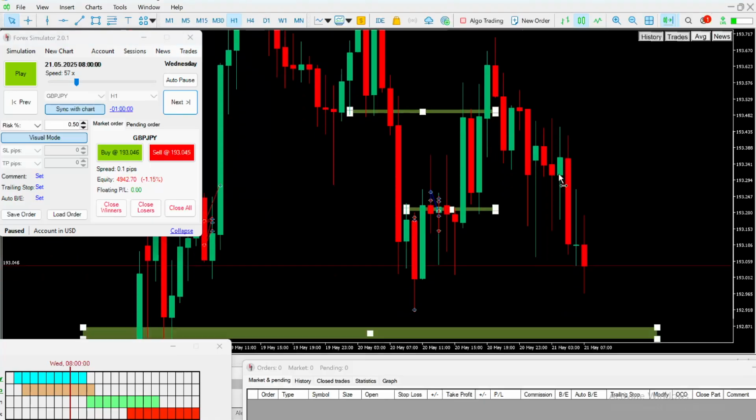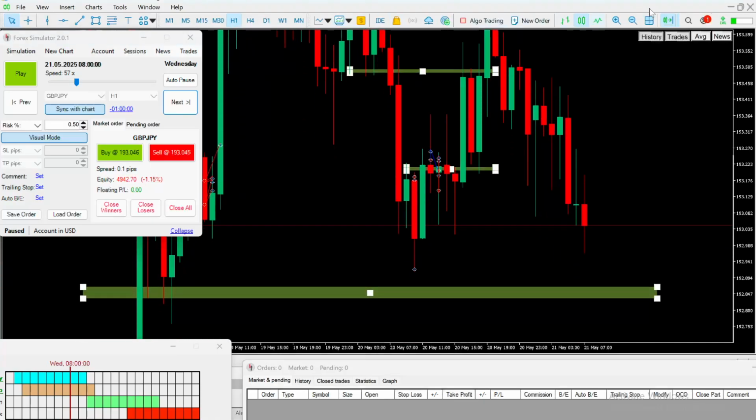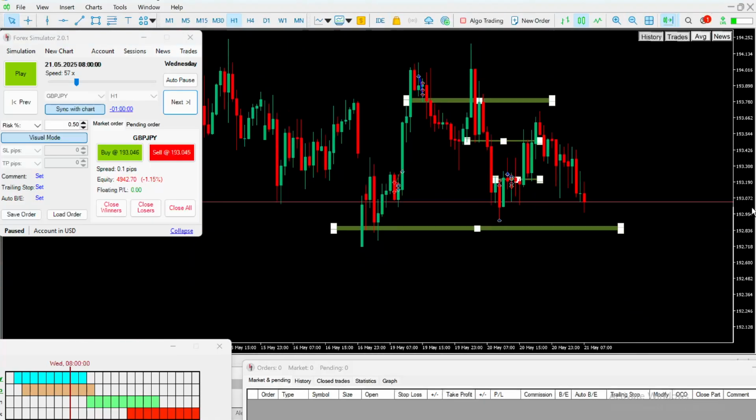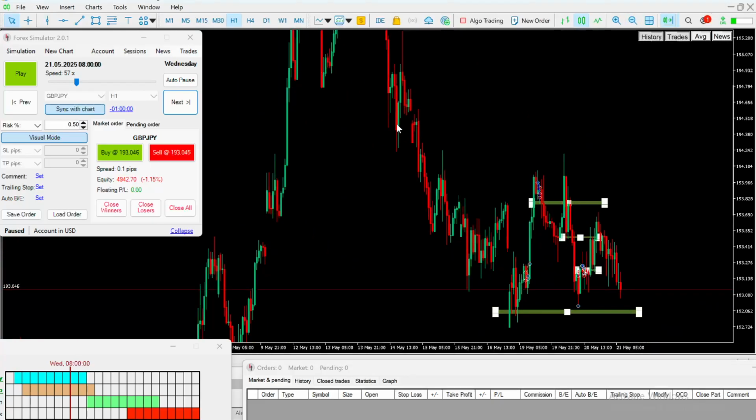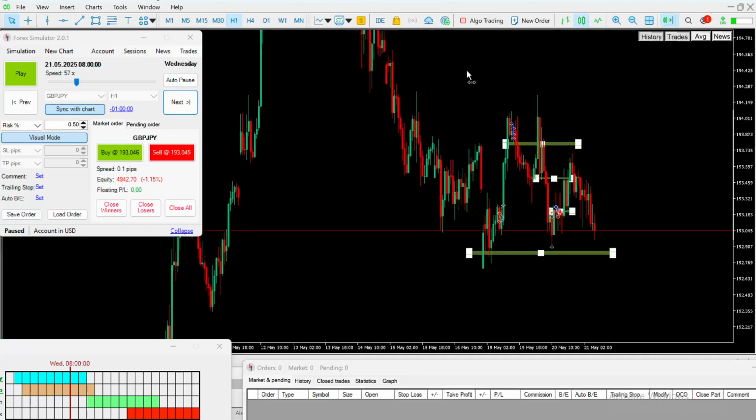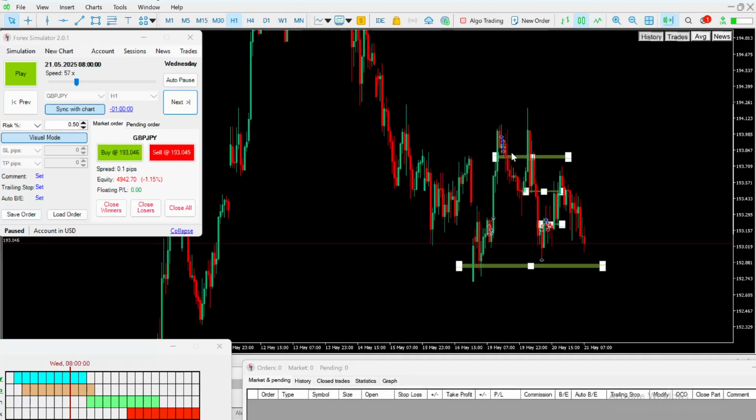Okay, so she's going down. Wait. That was so much easier here. Now it broke higher. It should have gone even higher, but it went down to this resistance, then went up to this lower low. So we're still in a bearish move here.